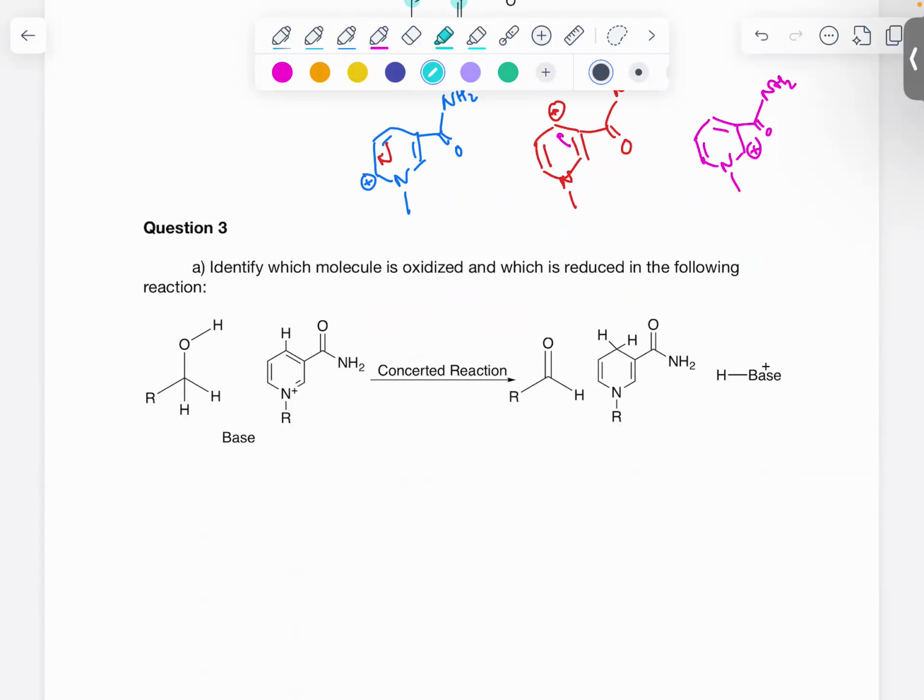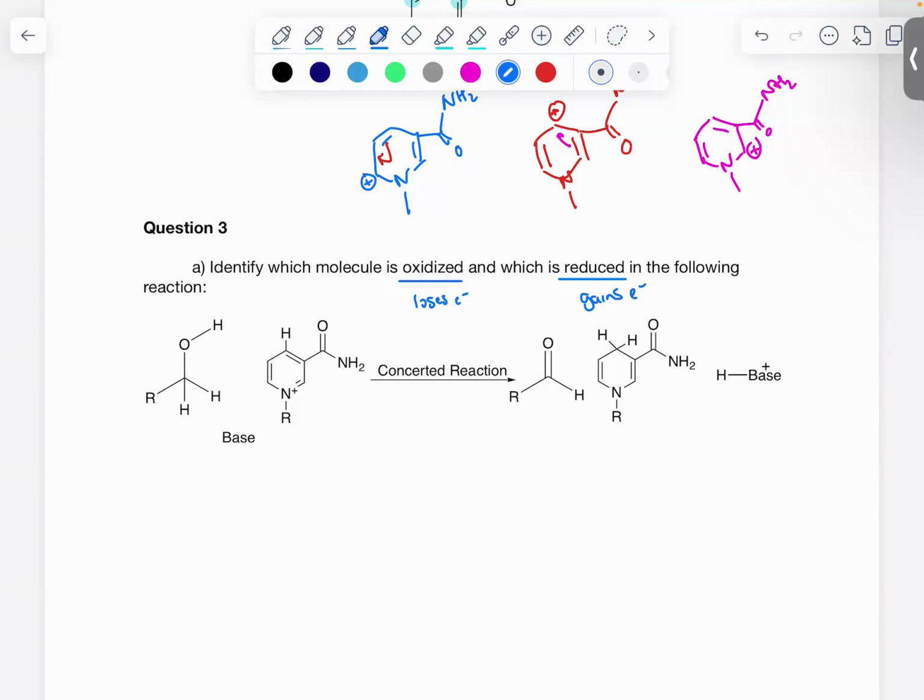So next we are looking at which molecule is oxidized, so which molecule loses electrons, and which is reduced, so it gains electrons.